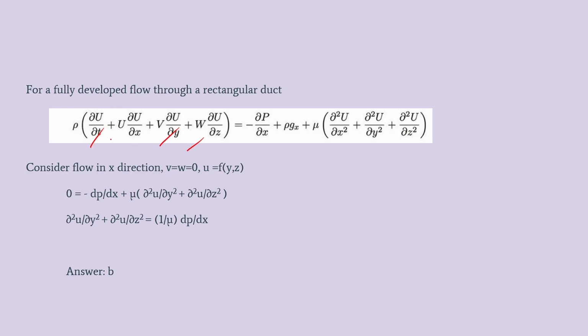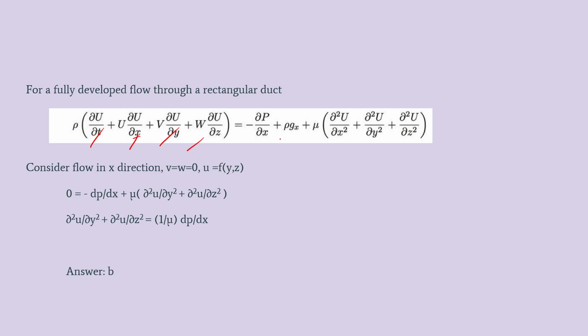Also for steady flow, dou by dou t becomes 0. While applying v and w equal to 0, then this dou u by dou x term also becomes 0 because the flow is fully developed. So entire left hand side will be zeros.